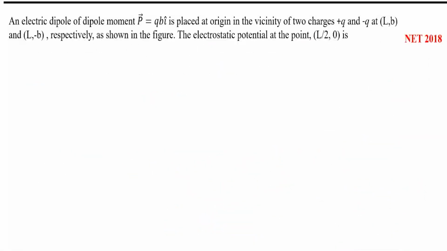This is very interesting. An electric dipole is placed at the origin. This was asked in NET 2018. Read the question once. An electric dipole is placed at the origin, and what is the direction of the dipole?